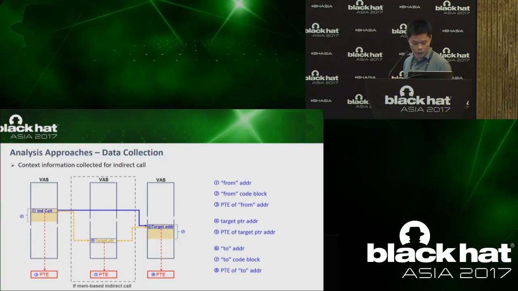And lastly, we collect the target address, the to address. We collect 8 bytes of information at the target address, and lastly, we collect the page table entry of the target address. So 8 pieces of information are collected on each memory-based indirect call.